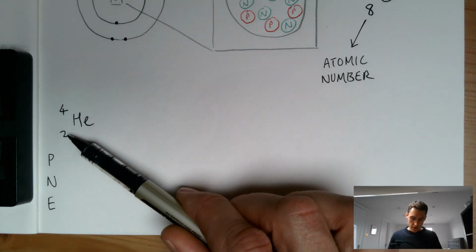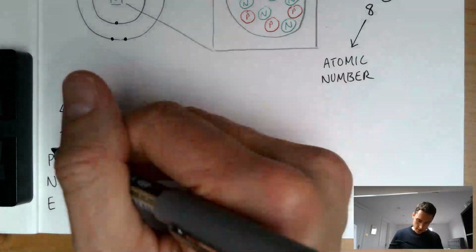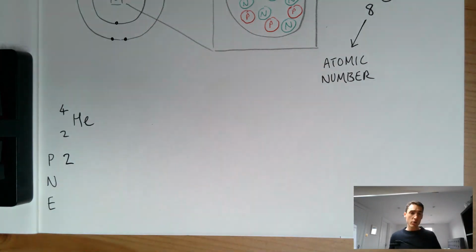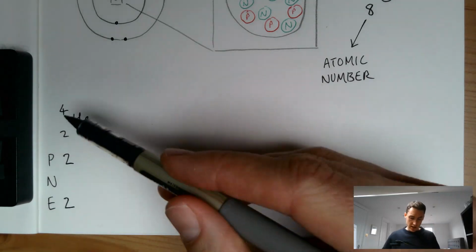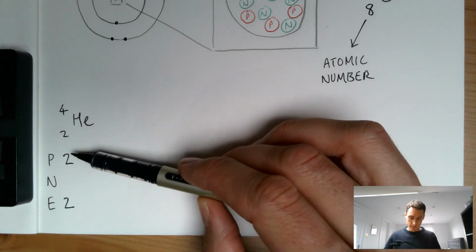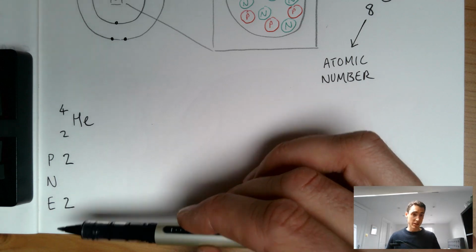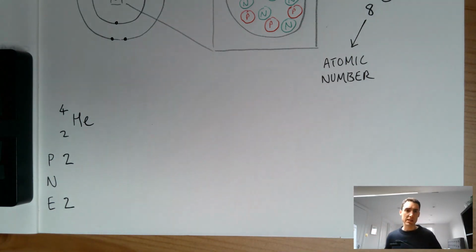Now the first thing to remember, that just tells us straight away the number of protons, and it also tells us the number of electrons. So before I do anything else, I can literally just look at that number and write in the number of protons and electrons in an atom. Obviously it's different when we get to ions, but we don't need to worry about that yet.